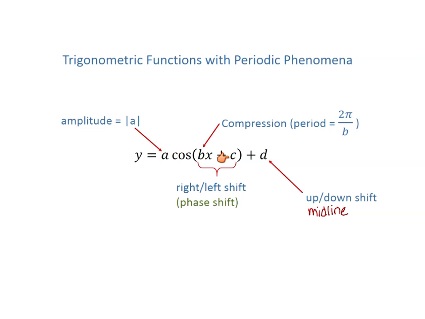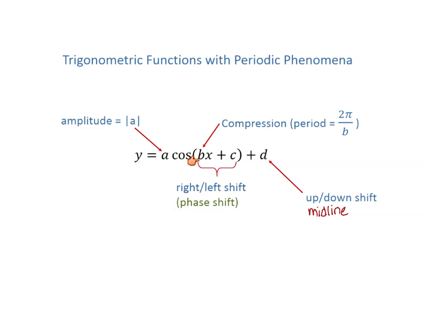C, we saw, moves it right or left. But what we're going to find out is that it's more than just C, because remember that C moves it right and left, but B also has some shifting going on because it compresses it. So we're going to use C and B together to figure out the right or left, which is called a phase shift.